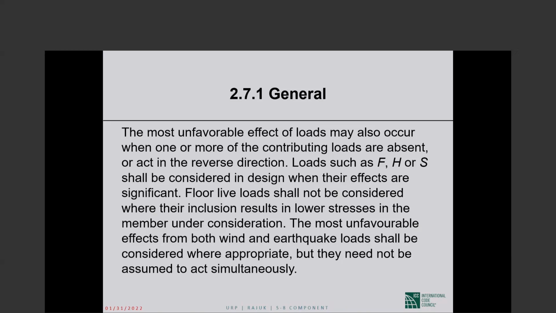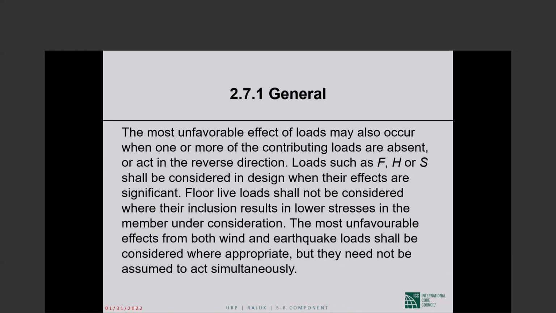The most unfavorable effects from both wind and earthquake loads shall be considered where appropriate. Okay, so if you're in a place that is subject to both earthquakes and obviously every place has wind, but where there is an earthquake hazard, you shall essentially consider both, but not both at the same time.